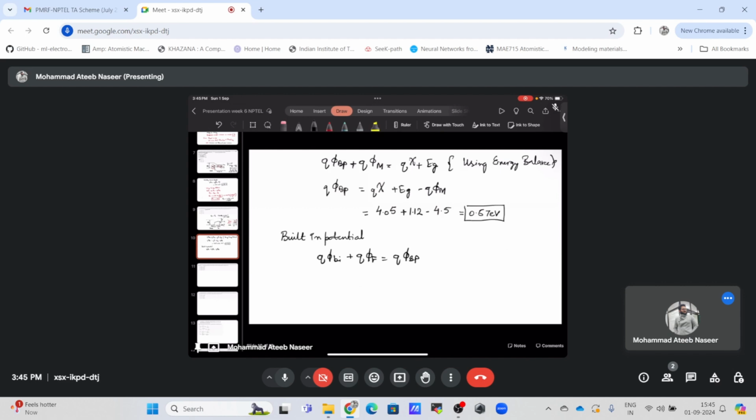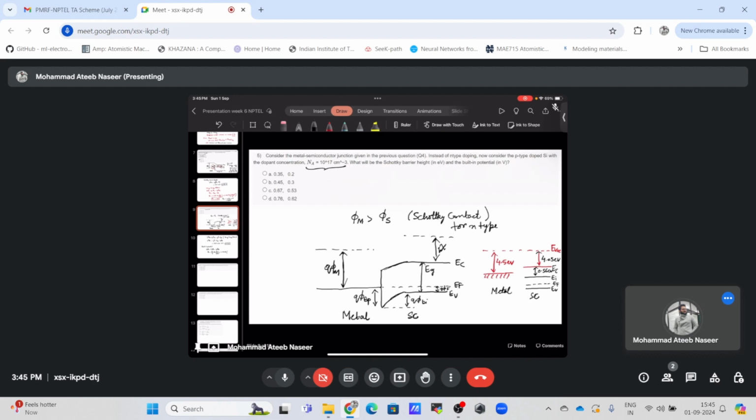Now phi f is kT/q times ln of Nv by Na, simply 0.026 ln of Nv.